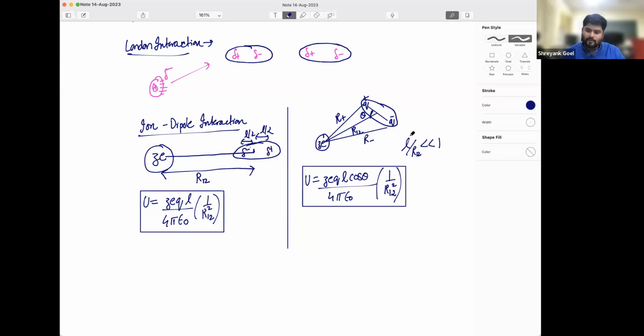The physical significance of the assumption is just that the distance between the two charges present in the dipole is very small compared to the distance between the interacting molecule or the ion.